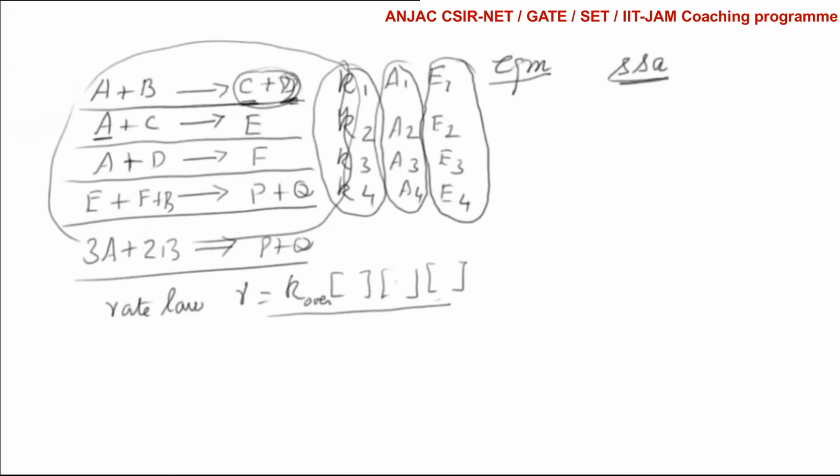First, we will see how to derive the rate law equation. From the rate law equation, how we can calculate the Arrhenius parameter and the activation energy of the complex reaction. This can be easily calculated.